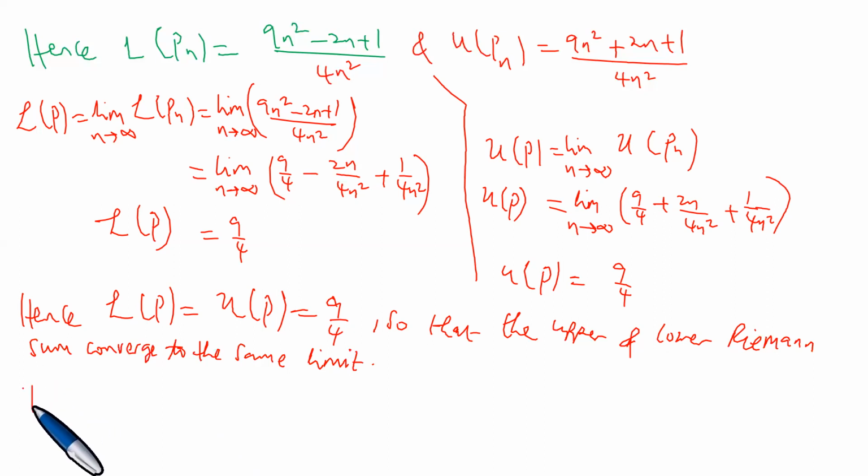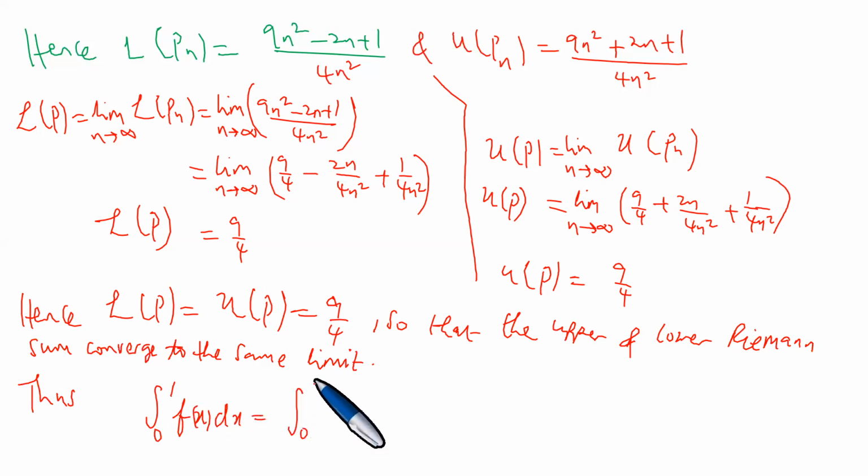Thus, this means therefore the integral from 0 to 1 of the function f of x dx, this integral from 0 to 1 of x cubed plus 2 dx. What is this integral here?